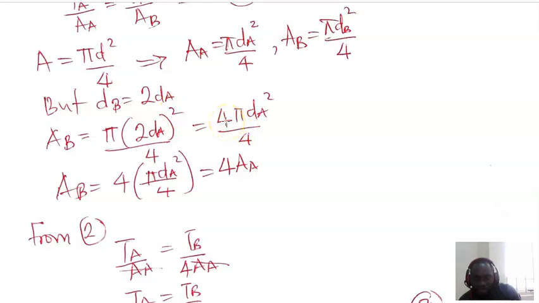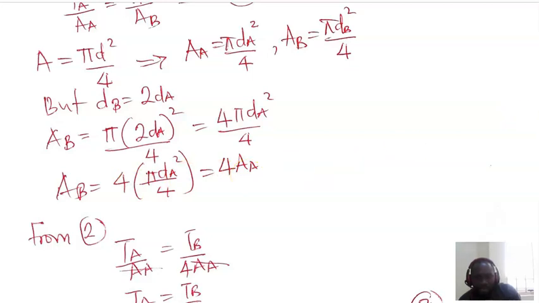This 4 will be outside, and you have dA squared. This is similar to pi dA squared over 4, which is the area of A. So I can rewrite this as AB equals 4 times area of A.